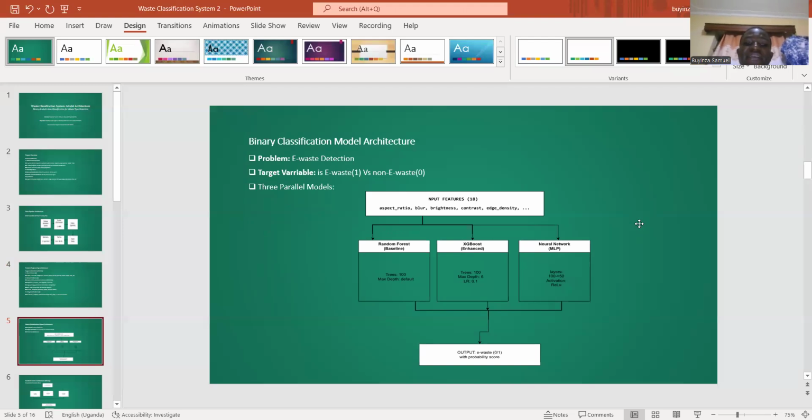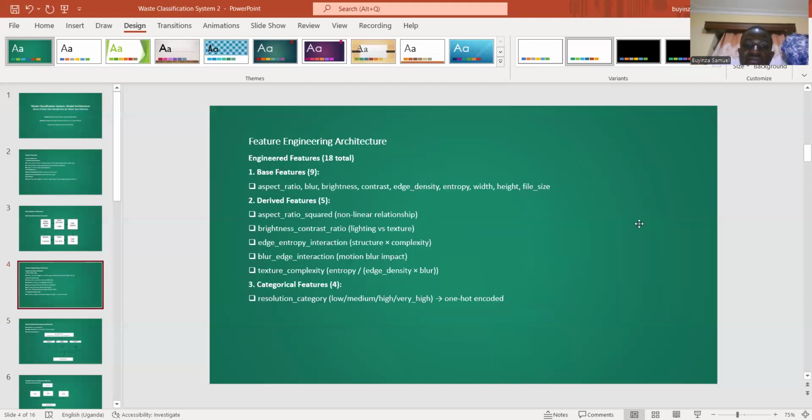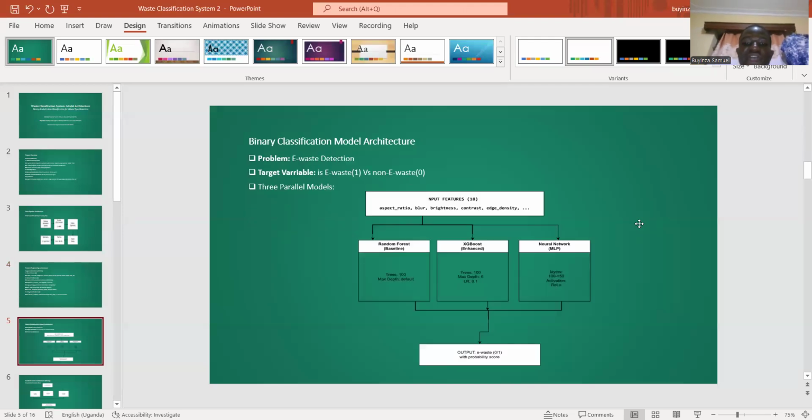Here we look at the three parallel models for the input features, as earlier mentioned. If we go back a bit, the engineered features were 18 in total, and now we're looking at the models themselves.